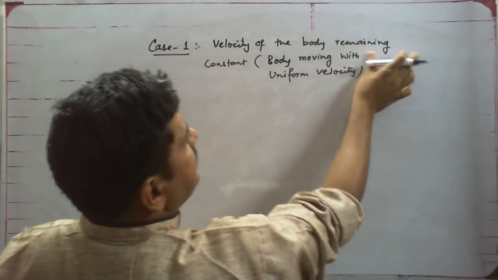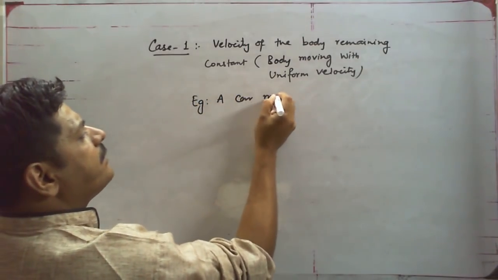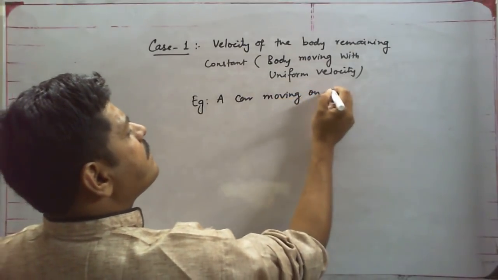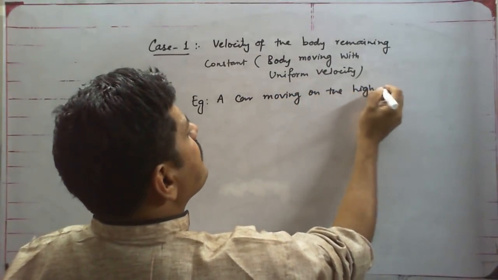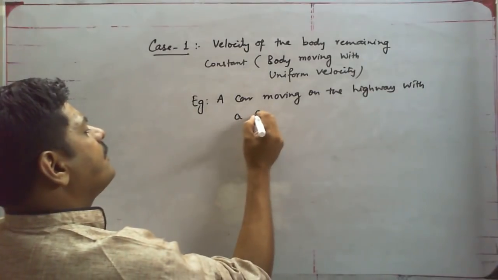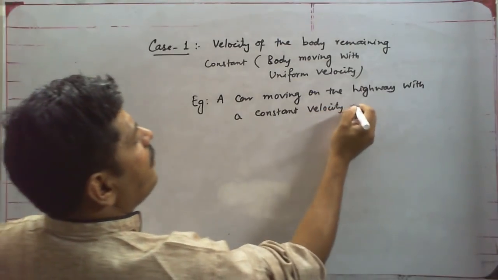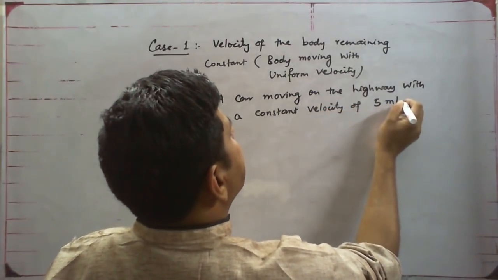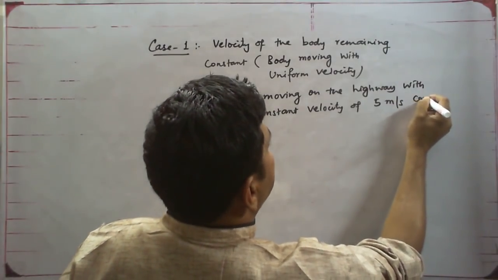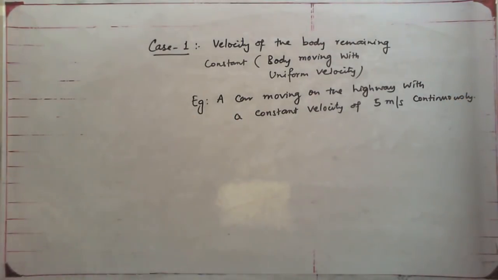Let us say the example is a car moving on the highway with a constant velocity of 5 meter per second continuously.